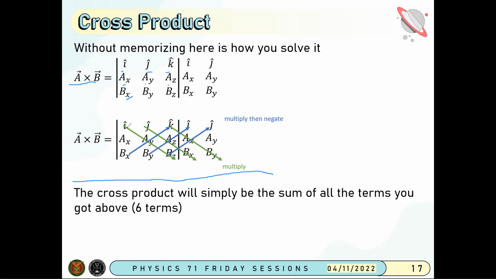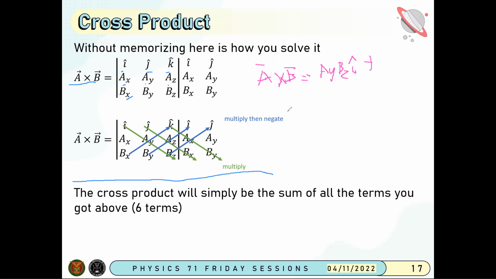So, the green lines, you have to multiply all of these, but with a positive sign. So, you have A cross B equals AY BZ I hat, plus, and then you add the next line, right?